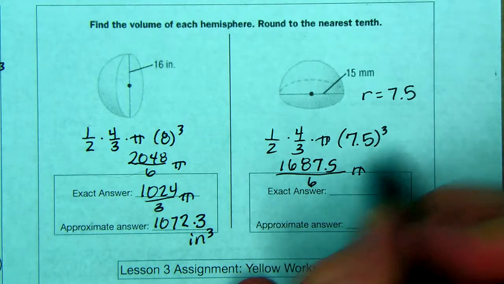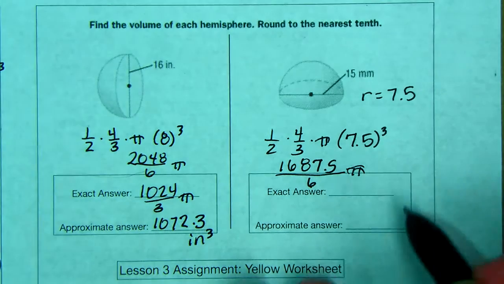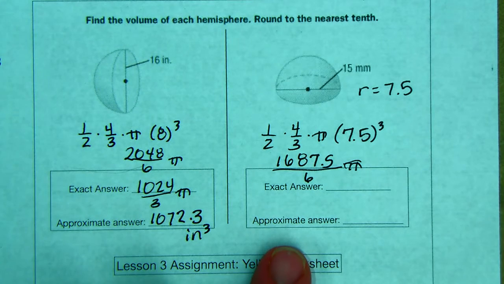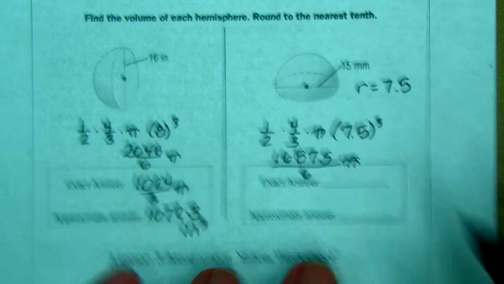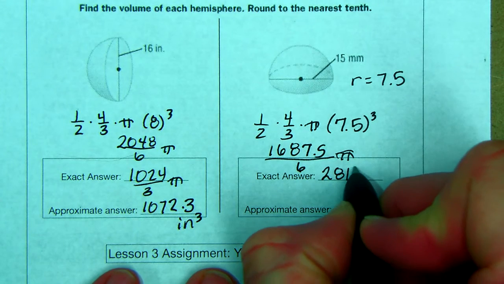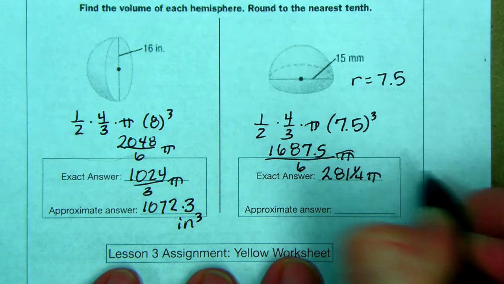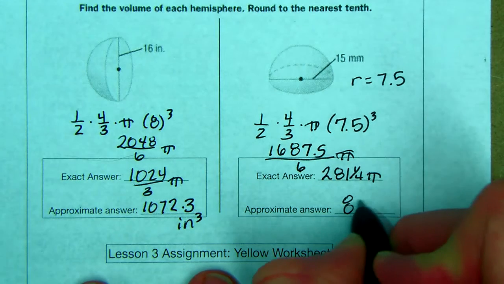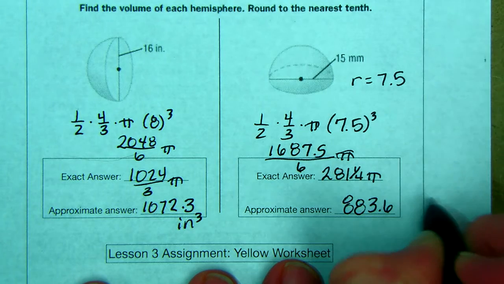So I could do this. I could do 281 1/4 pi. And I get 883.6 millimeters cubed.